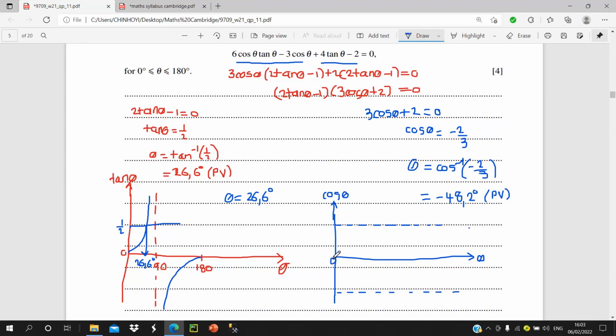Then here we have 0, here we have 1, here we have -1, then here we have 90, then here we have 180.